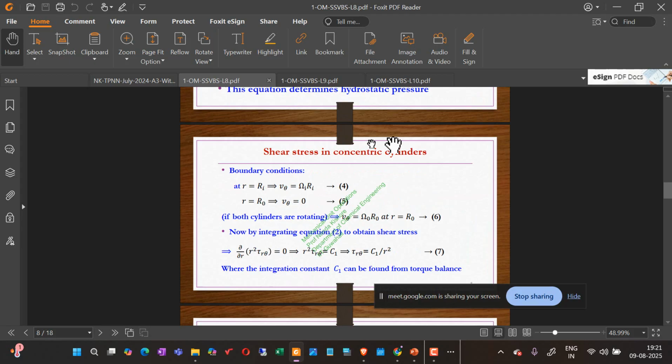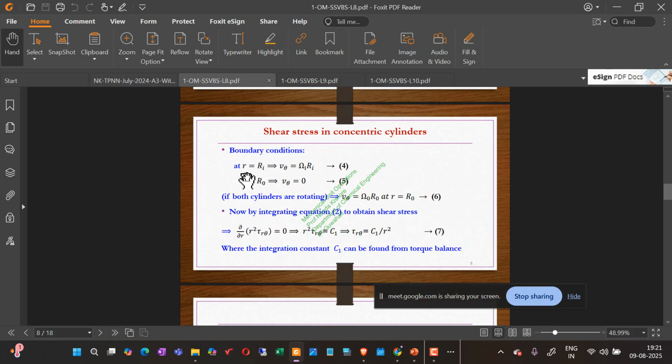So the boundary conditions used here are that at r equals ri, which is the edge of the inner cylinder, you have the velocity in the theta direction, v theta equals omega into ri, right? And then at r equals r0, v theta equals 0.